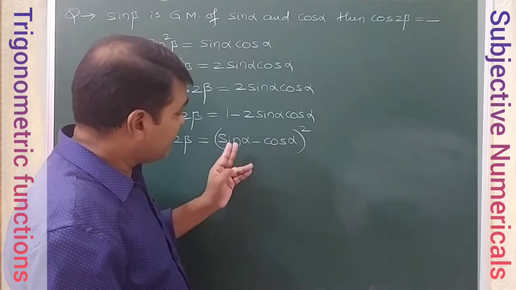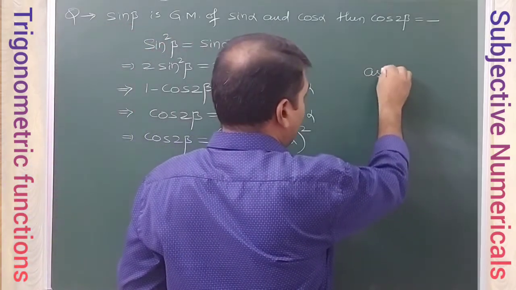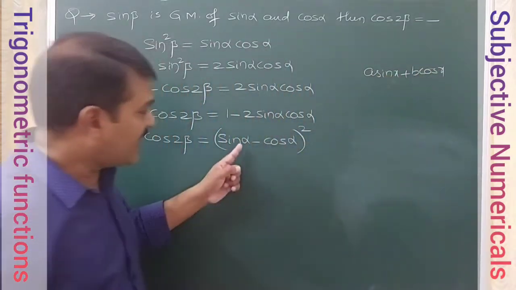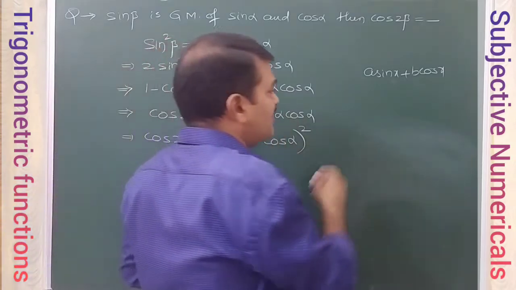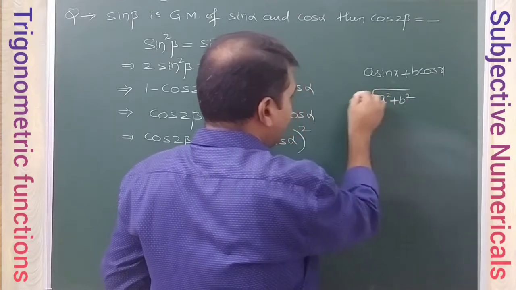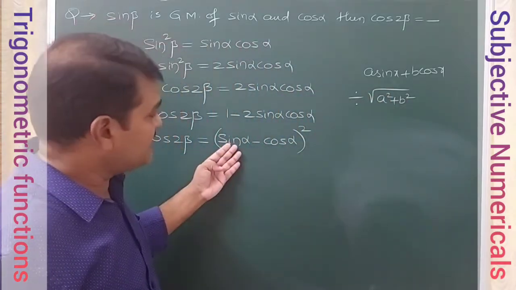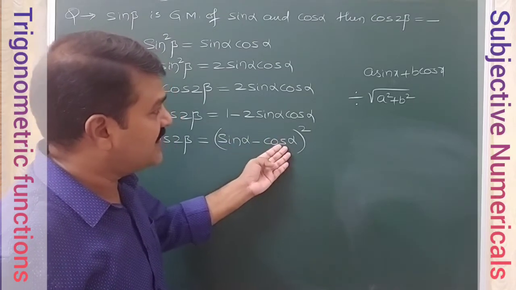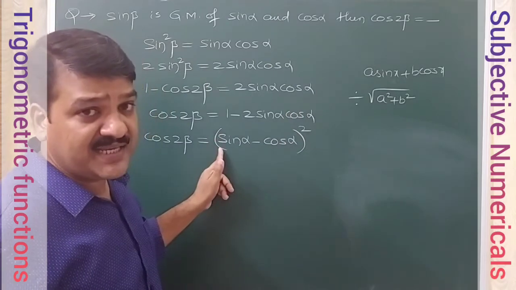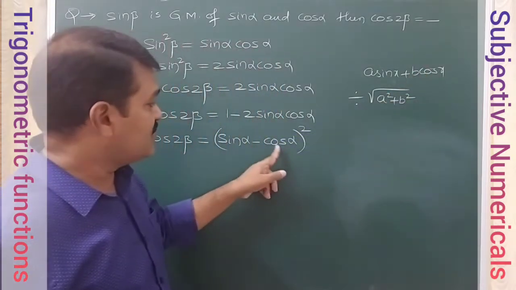Now whenever we have sin alpha minus cos alpha, which is in the model of a sin x plus b cos x, whenever we have a sin x plus b cos x model, we divide by under root a square plus b square for simplification or solving. We have a sin x plus b cos x model here. In place of a, before sin alpha the coefficient, nothing is there, so 1. And cos coefficient is minus 1.